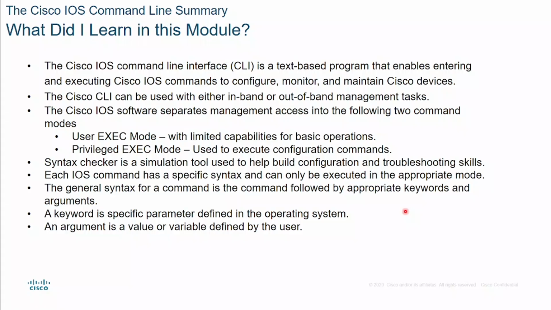So we've just looked at several things, how the IOS command line interface works. We have looked at the two different kinds of modes in accessing the IOS. This is the user exec mode, which has limited functionality and is used for just basic operations, and the privilege exec mode, which gives you access to every feature of the particular device.